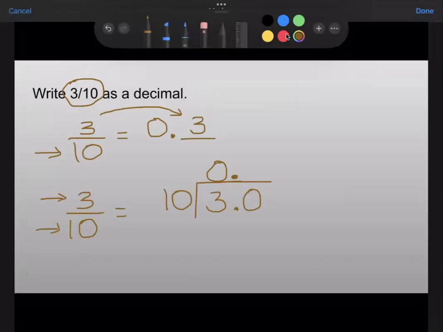Well, 10 fits into 30 3 times, so I'm going to put that 3 up there. 3 times 10 is exactly 30, and when I subtract, I get 0 left over. If I have no more numbers to bring down and no remainder, that means that I'm finished. So you can see either way, I ended up with 3/10 being equivalent to 0.3 as a decimal.